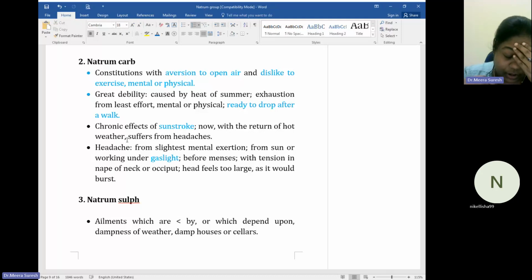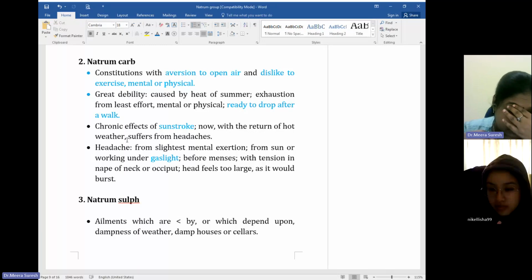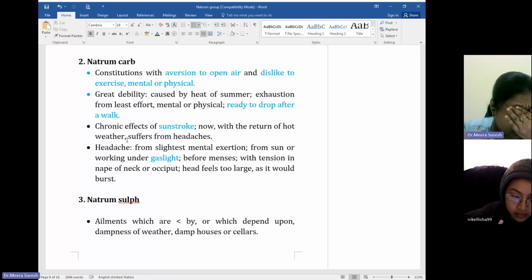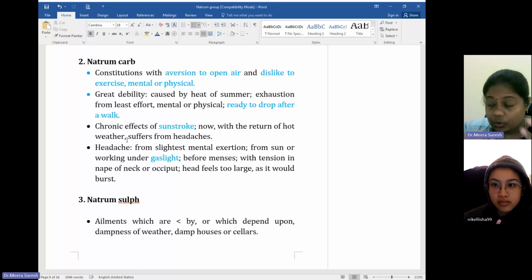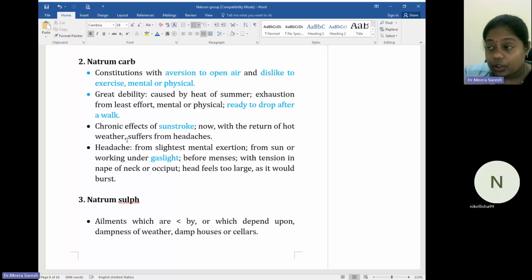A sudden action comes up because Glonoine does have that congestion, even Belladonna, but in congestion and sunstroke people will be having the temperature raised also. Such a feature, Natrum carb, they are not saying. They say that they have sunstroke, but more or less it is the chronic effects, not the acute effect.